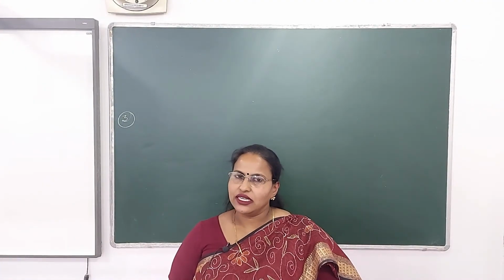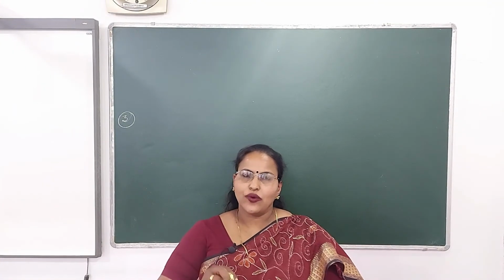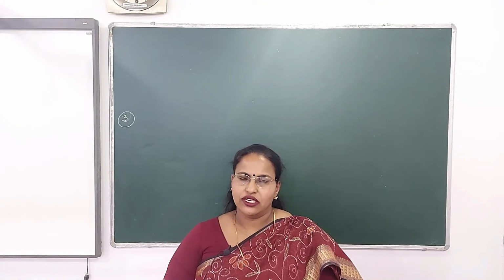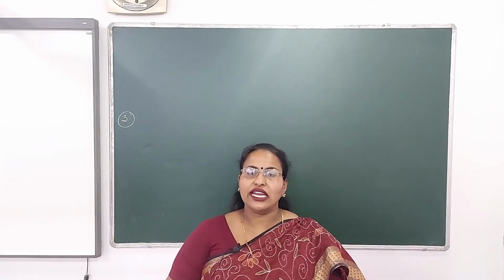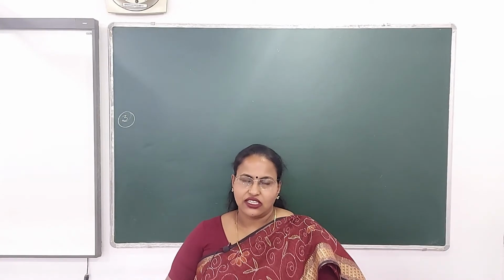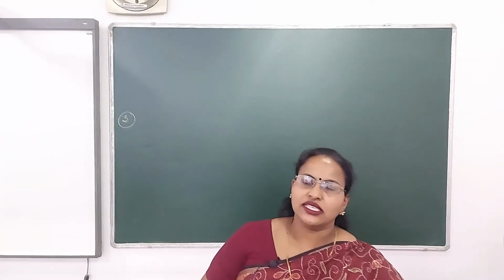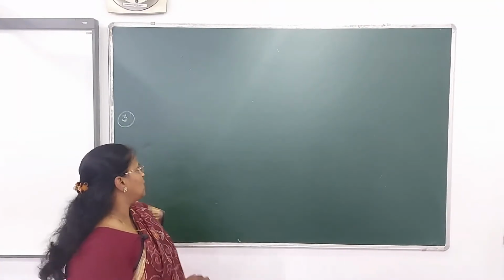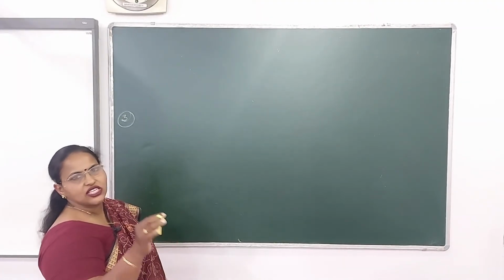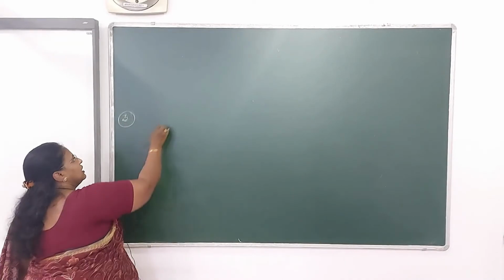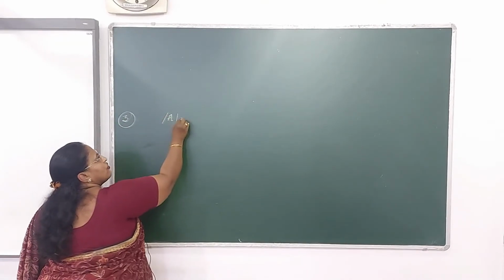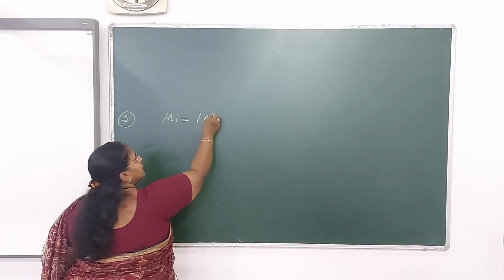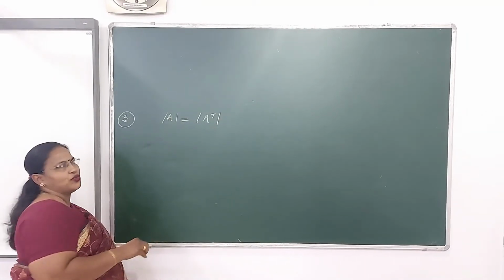Are you able to understand this property? In a square matrix of any order, if the rows and the columns are interchanged, then the value of determinant remains unaffected. In simple language, we can say if A is a square matrix of any order, then determinant of A is equal to determinant of its transpose.